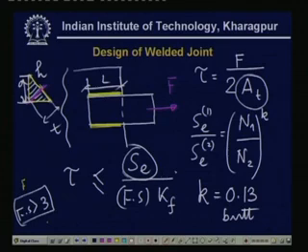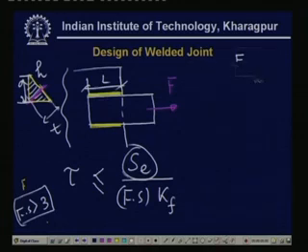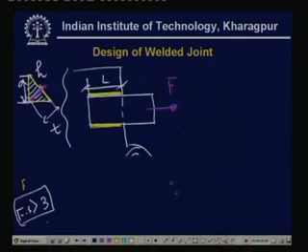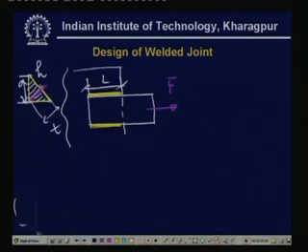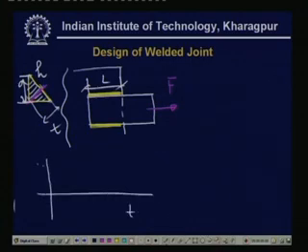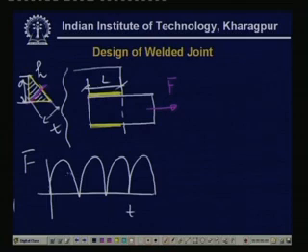Suppose we do not have complete reversal, then what to do? Then of course, we have to recourse to our original formulation. In this case let us assume that F is not totally fluctuating, but something like this.